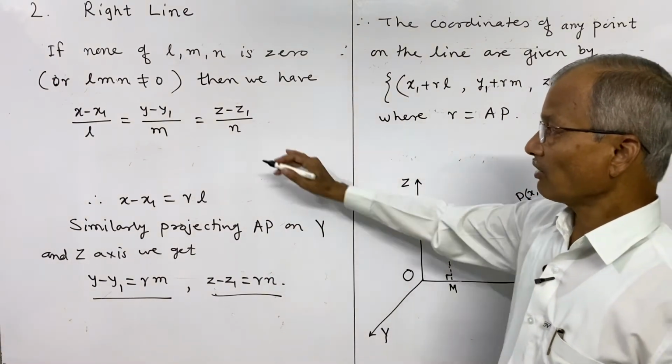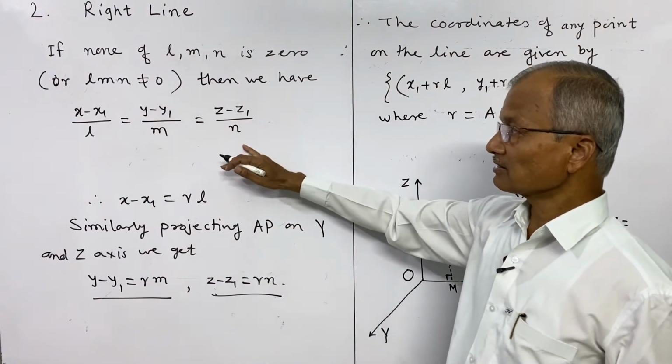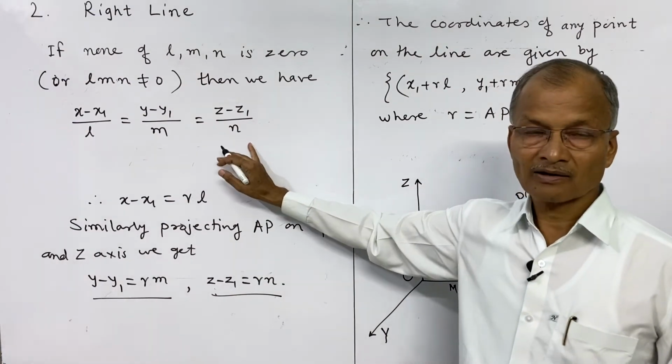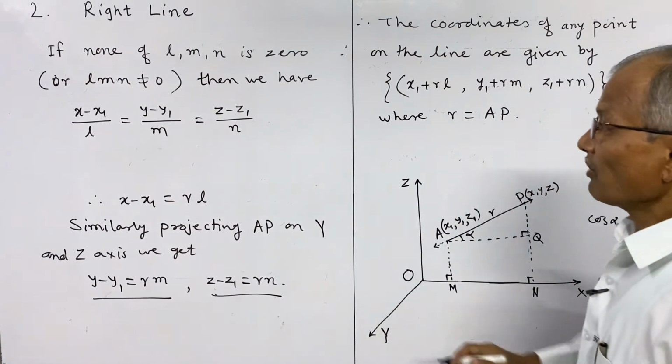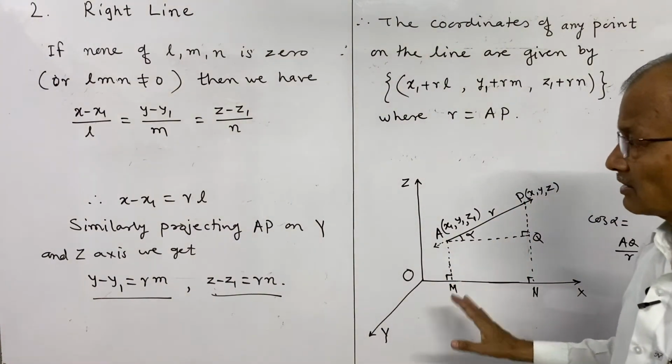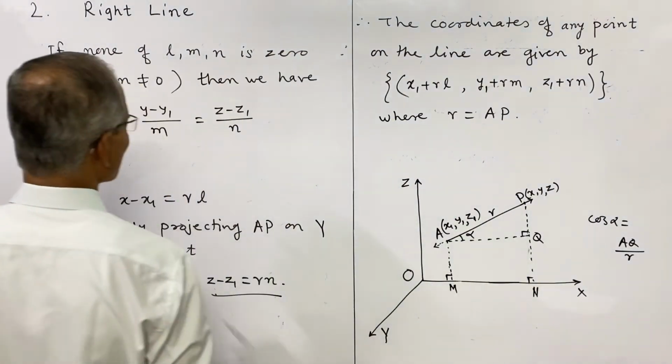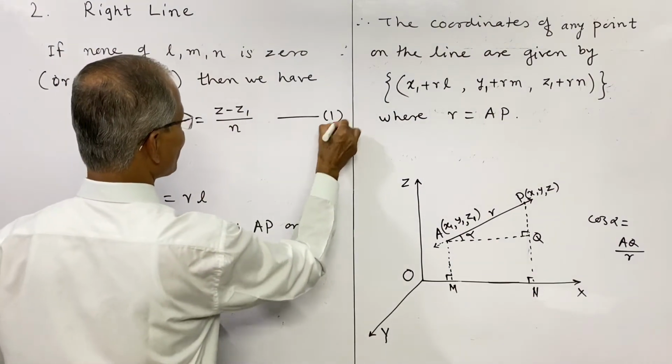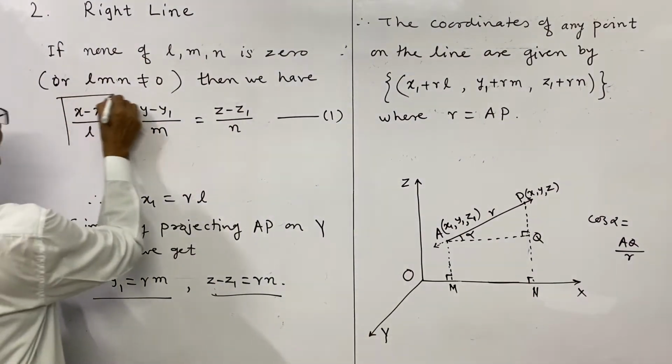So then we have this, and these are the equations of the line passing through the point A and having direction cosines l, m, n. So we will denote this by 1. These are the equations of the line.